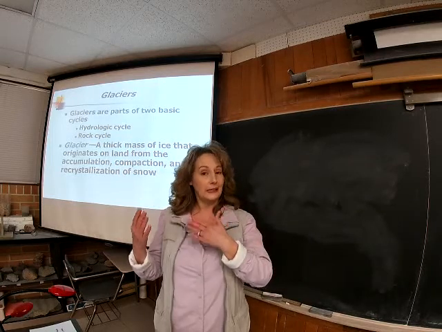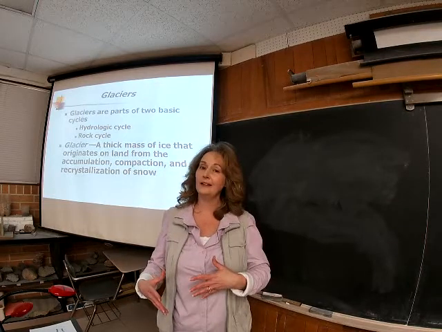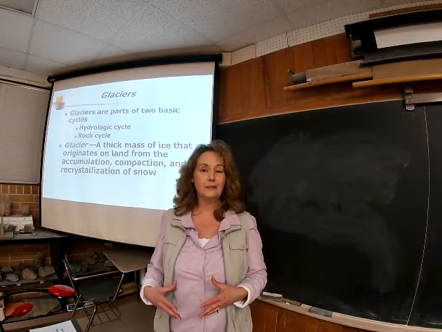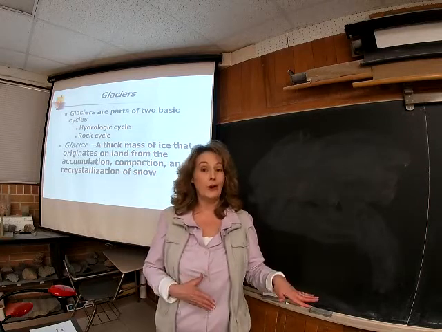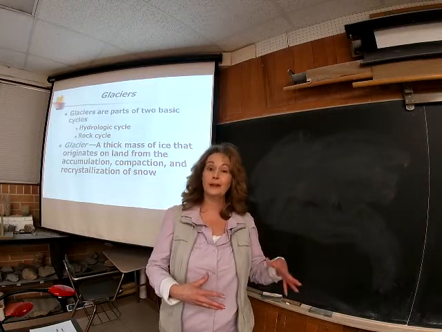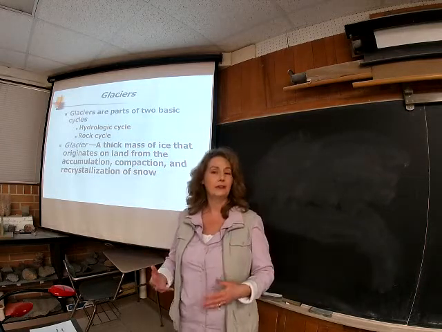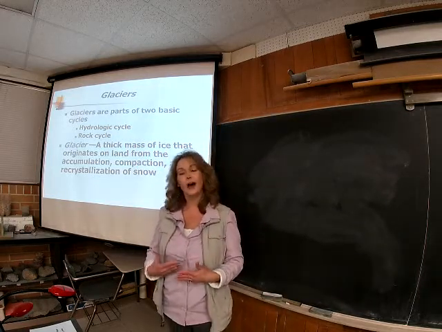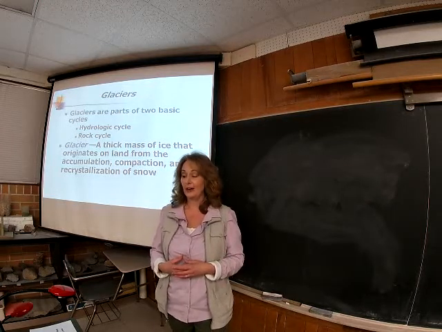From there, we get clouds and precipitation. It comes back down to the land, and then it can either infiltrate or run off, but it will eventually make its way back to the ocean, and we say we have completed the cycle. So that's the hydrologic cycle, and the glaciers are part of that.